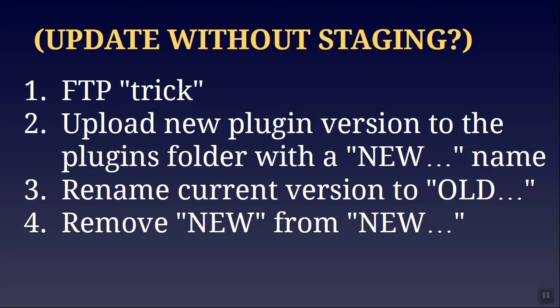You go and upload this new plugin version to the plugins folder, but you rename the new WooCommerce plugin with "new", or with, I don't know, "WooCommerce 4.8.0", something that is different from the existing plugin folder name, which is "WooCommerce".